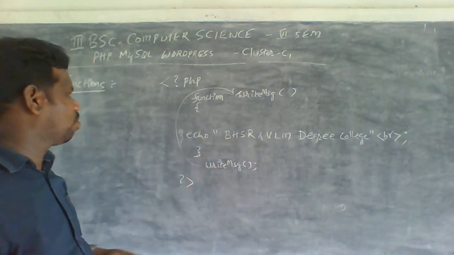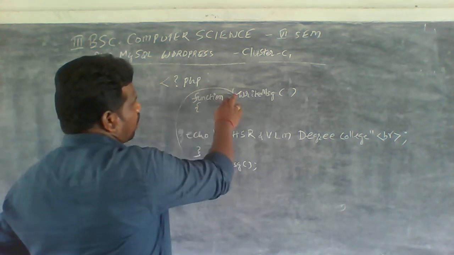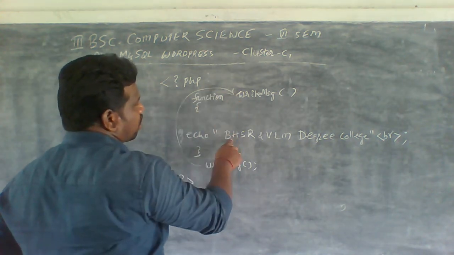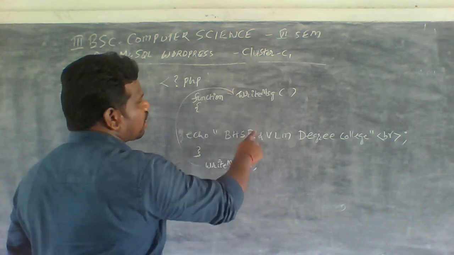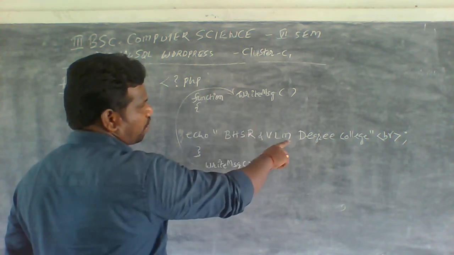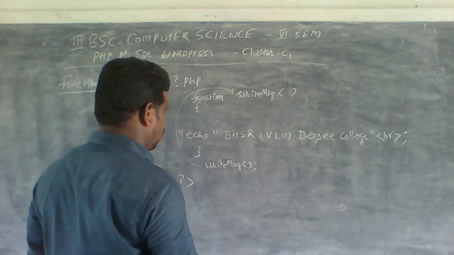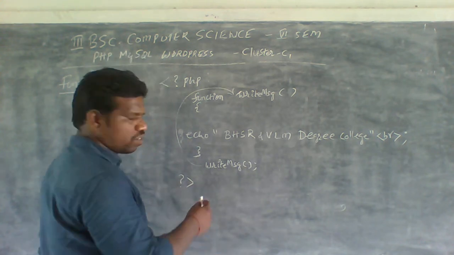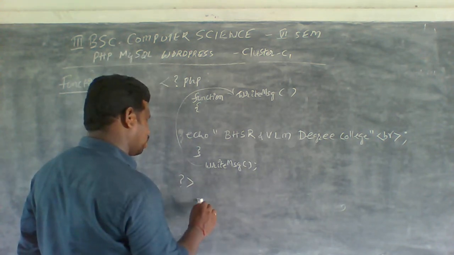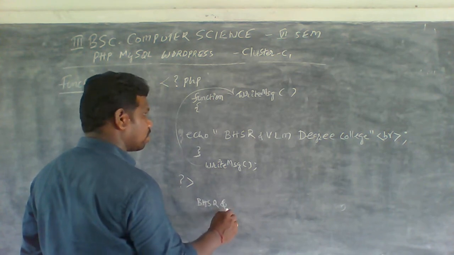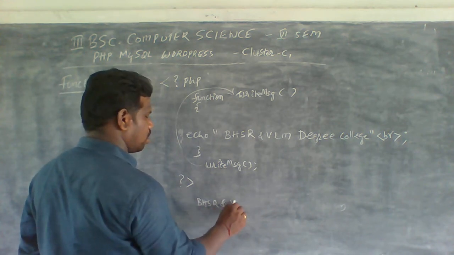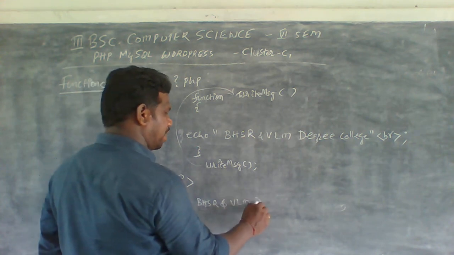So this function is called, and it contains echo BHSR VLM degree college. That's why the output of the program is only BHSR VLM degree college.